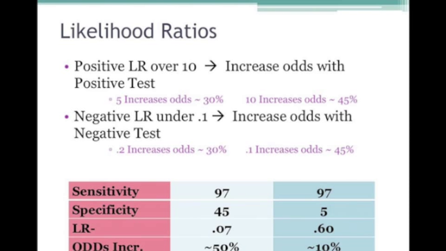In this case, your odds increased 50% that you're dealing with that tissue on the test on the left, whereas only 10% on the test on the right, even though the sensitivity was the same. So again, if sensitivity is high, make sure your specificity is at least 40, and vice versa. If specificity is high, make sure your sensitivity is at least 40, and you'll have a good likelihood ratio that goes along with it.